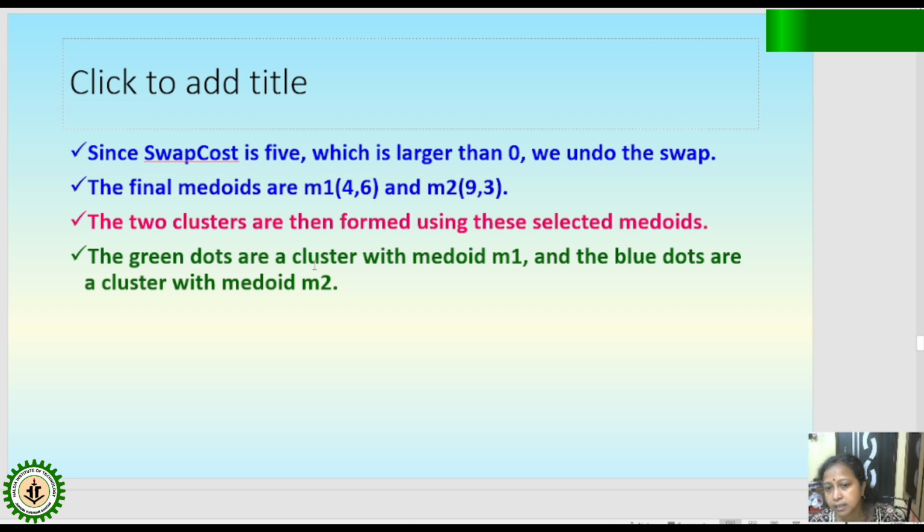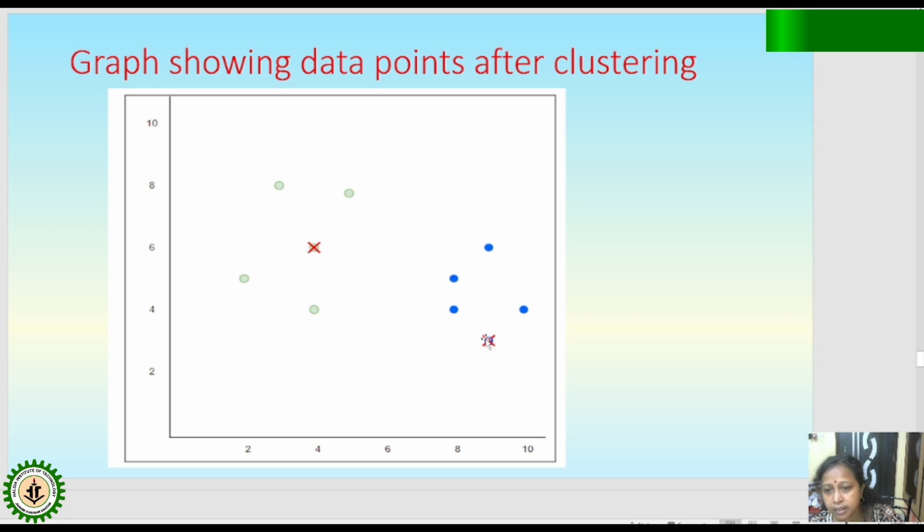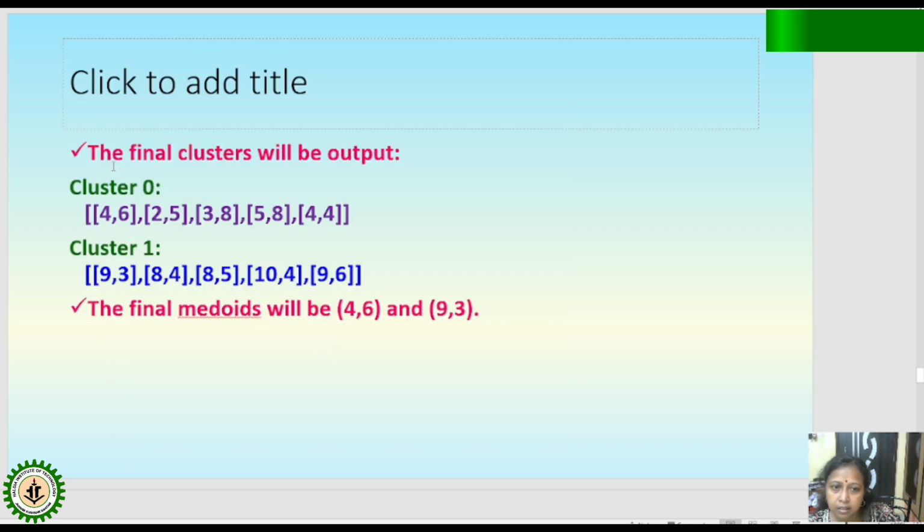The green dots are the cluster with medoid M1 and the blue dots are the cluster with medoid M2. Now we have already created two clusters here. In the first cluster we have these data points, and in the second cluster we have these data points.